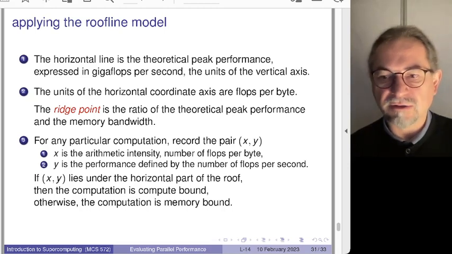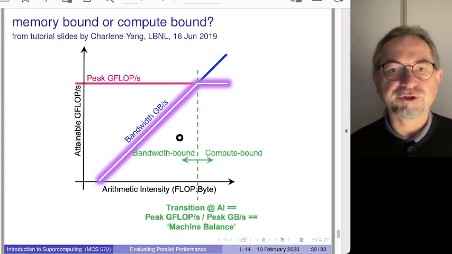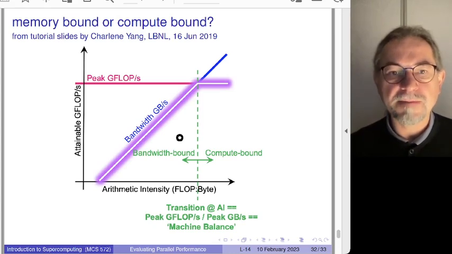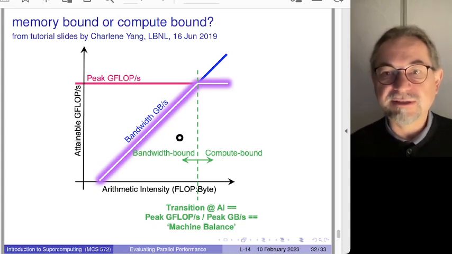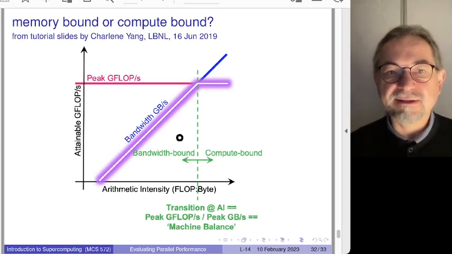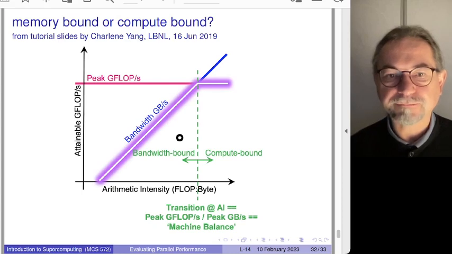Okay, so now I illustrate this with a picture that I took from a tutorial. So here we have the red horizontal line, which is the theoretical peak performance. And then we have the slanted line, which is the memory bandwidth, and you see the ridge point. So with the black dot, you see the computation that was done.